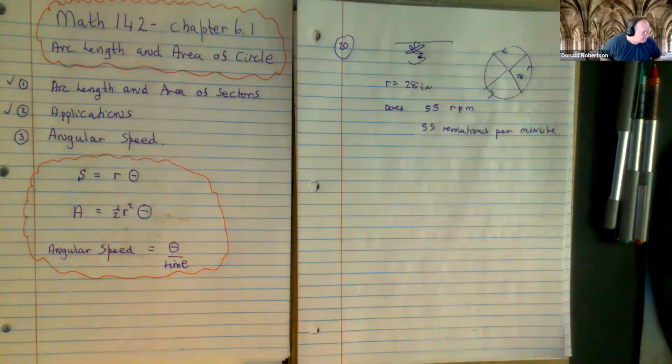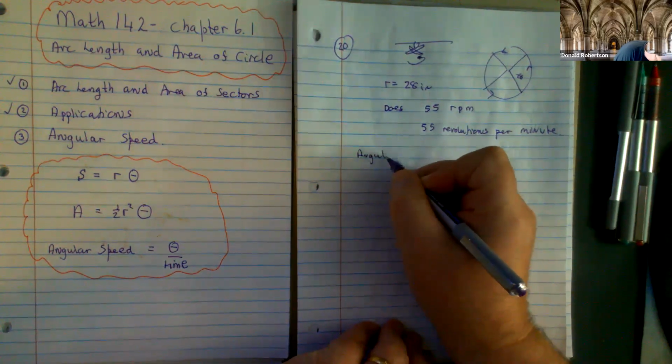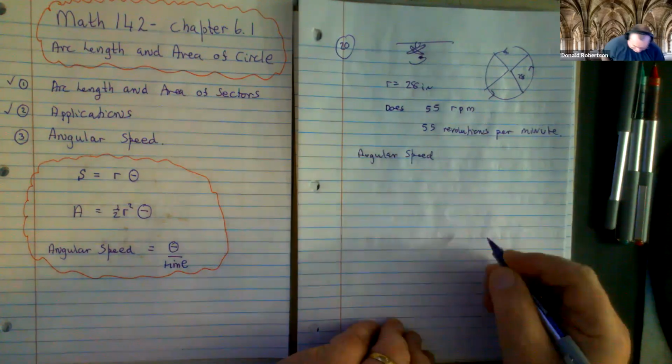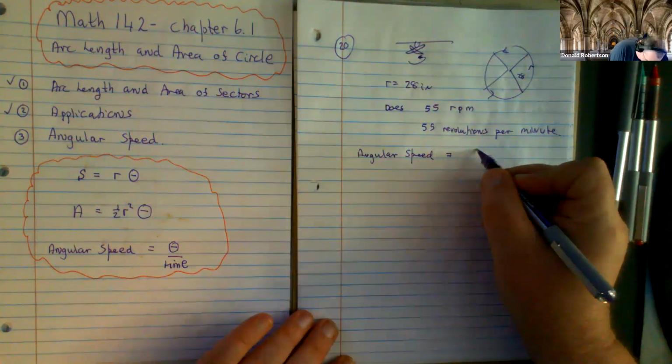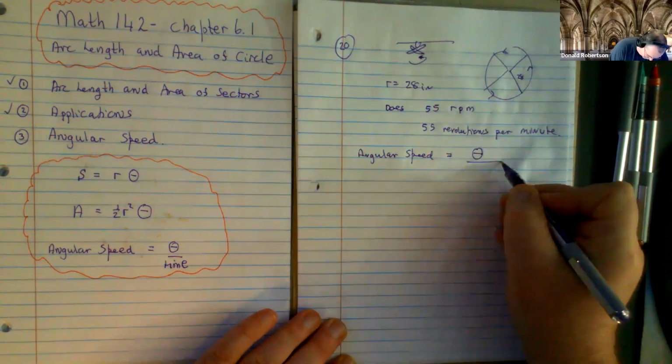And we are being asked to find what is called the angular speed. Now the angular speed is theta divided by time.